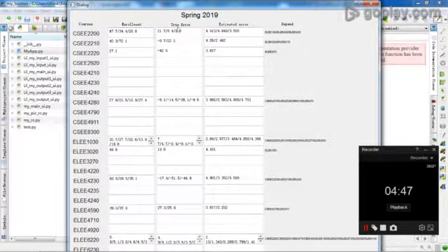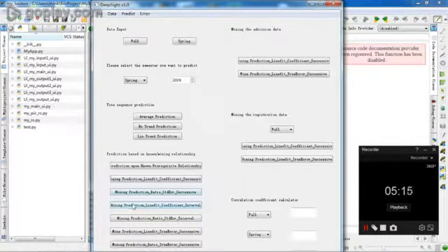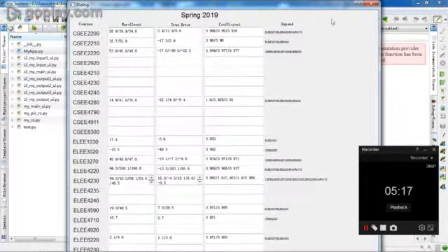And true error means the error between the predicted results and the true enrollment data. And estimated error is the error estimated based on the mathematical algorithm, and also many predictions like this.